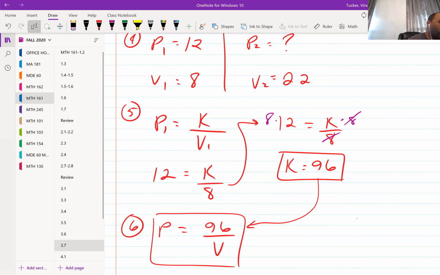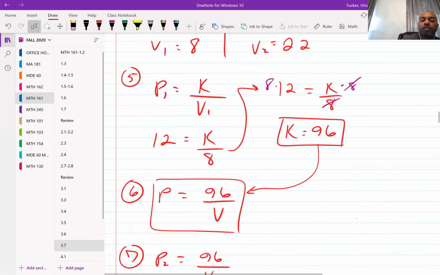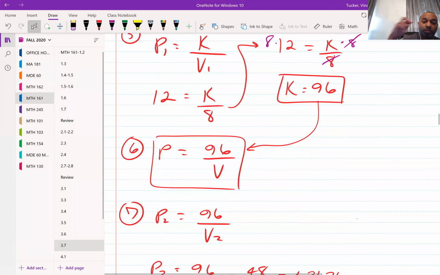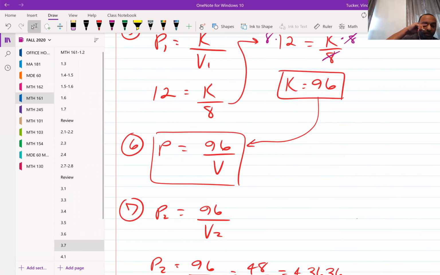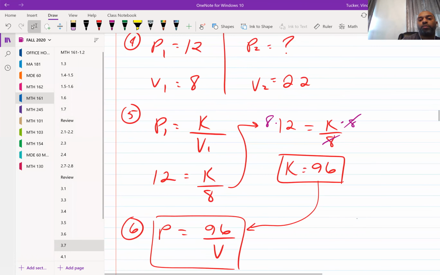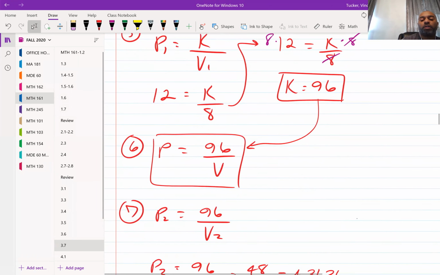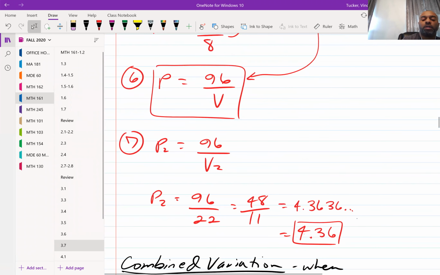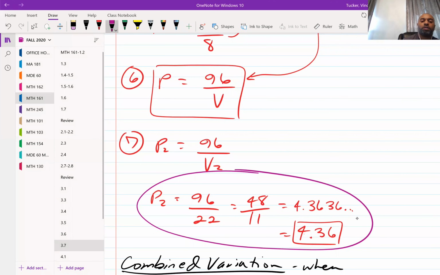K being 96. Remember, that's our constant of variation, so that K is going to stay the same as we progress throughout this problem. Now we look at P2 and V2, our second pressure and our second volume. Remember, we want to know what's the pressure when the volume is 22. So we plug in 22, and that gives us what the pressure would be.